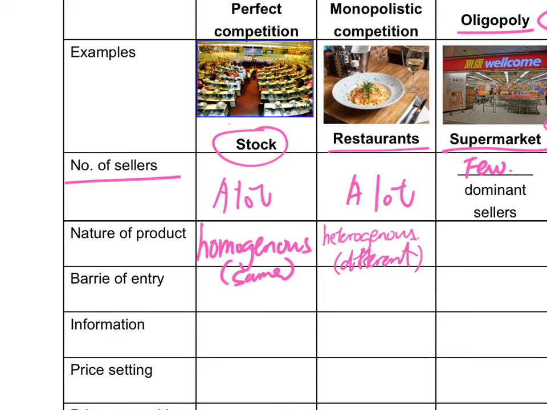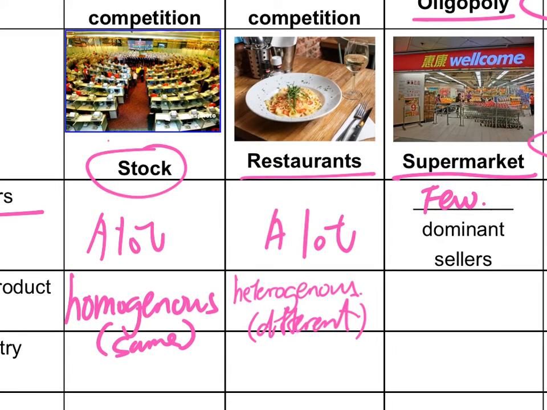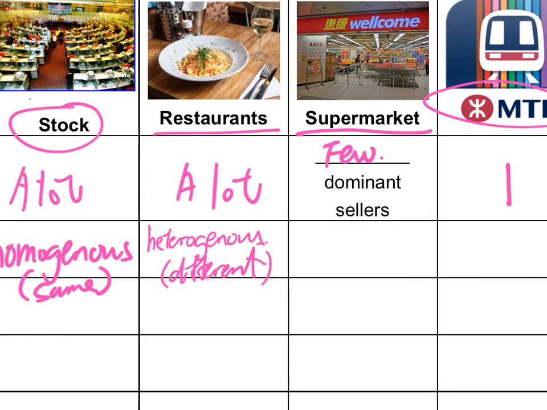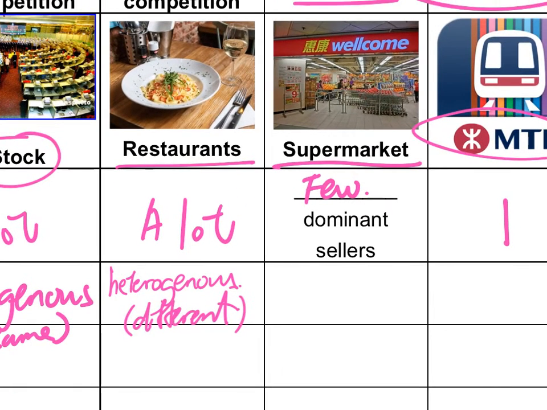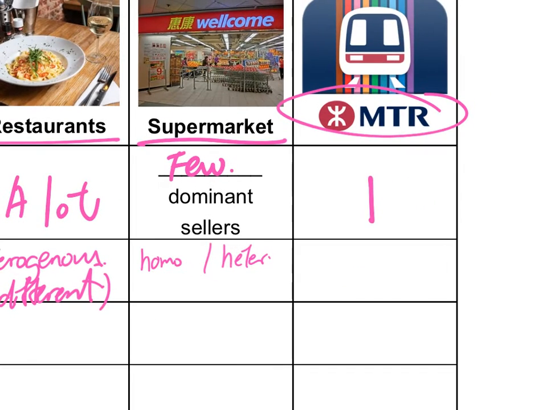Maybe both sellers are selling pasta, but the taste is different, or the decoration is different, or the service of the waiter or waitress is different. So they try to differentiate their product. For the supermarket, most likely they may sell homogeneous or heterogeneous goods. Also for the monopoly, both are possible.